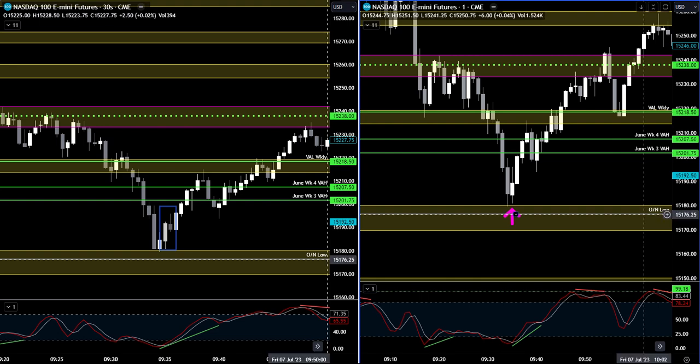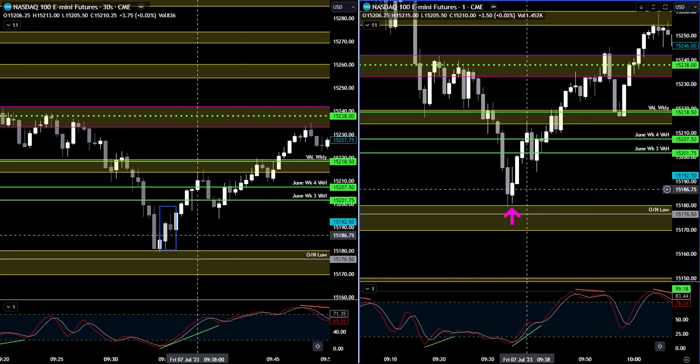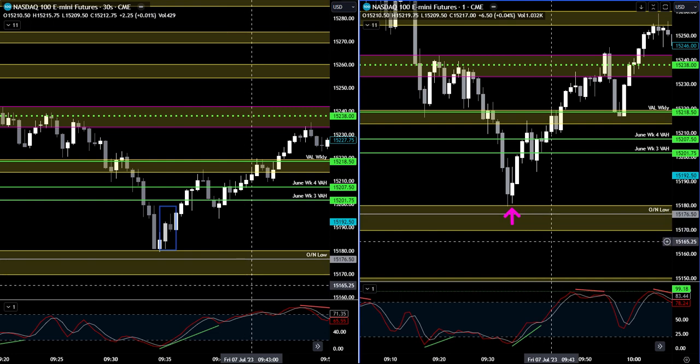So here's a perfect example. Often as traders, we get really excited about price coming down to a level, and we have a tendency to jump in at a candle close. Well, on NQ, for example, I always wait. And why do I wait?